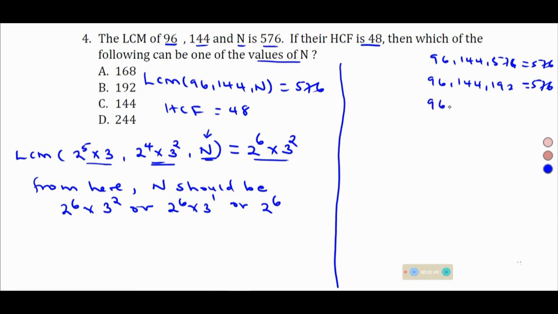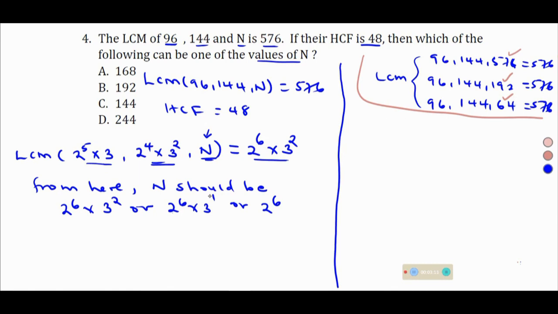So when you take 96, 144, and 64, the LCM will still give us 576. So the LCM of all that will be 576. In other words, you realize that n can be this, n can be that, and n can be 64.